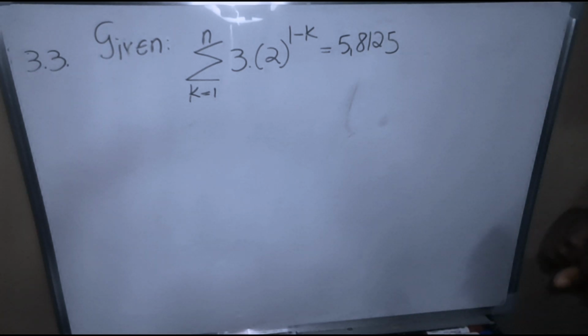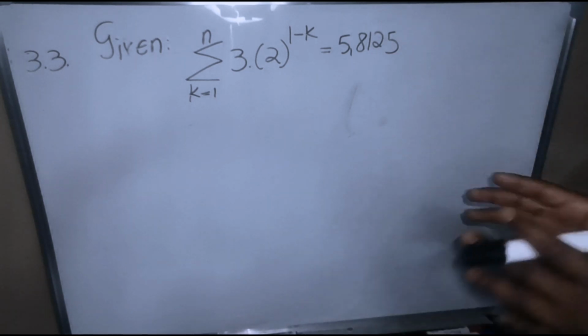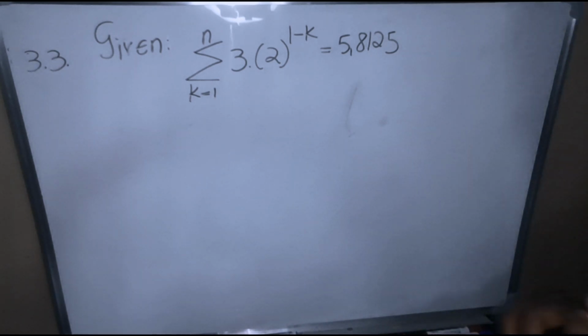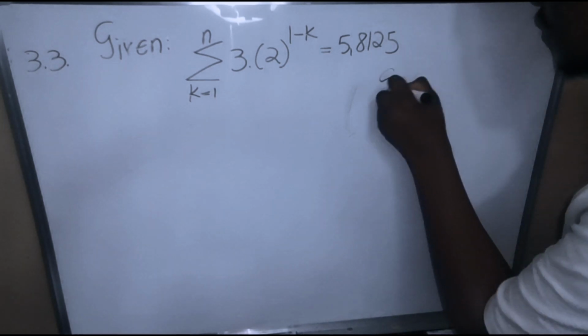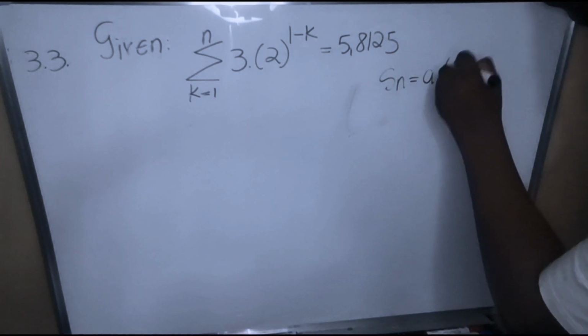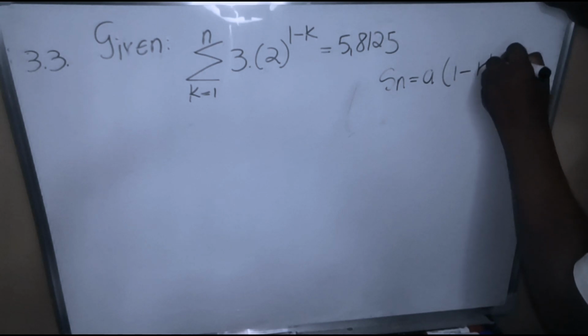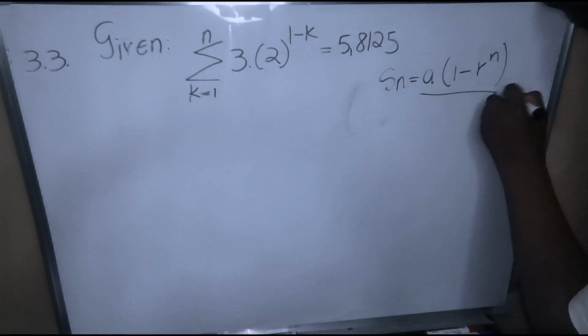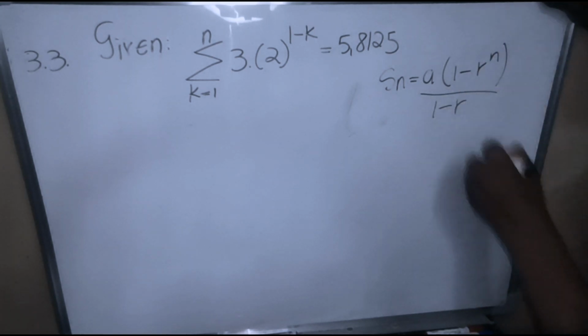This formula you use when you find answers in a series format. Sn is equal to a times 1 minus r to the power n, all divided by 1 minus r.